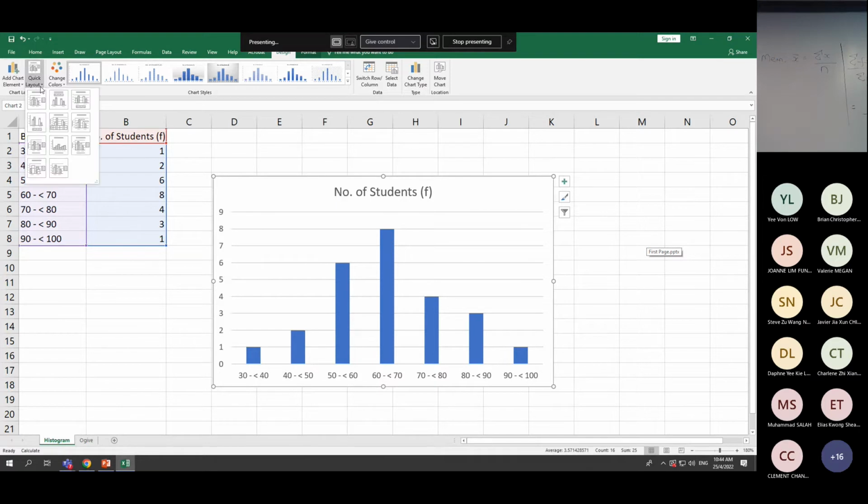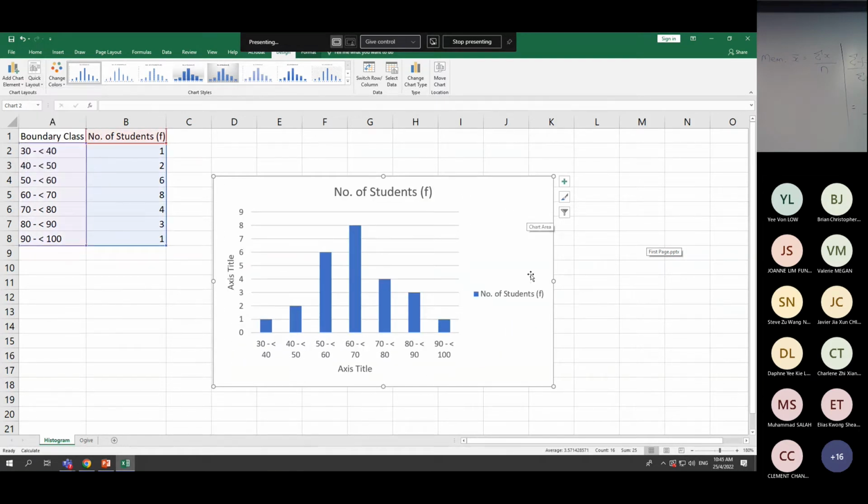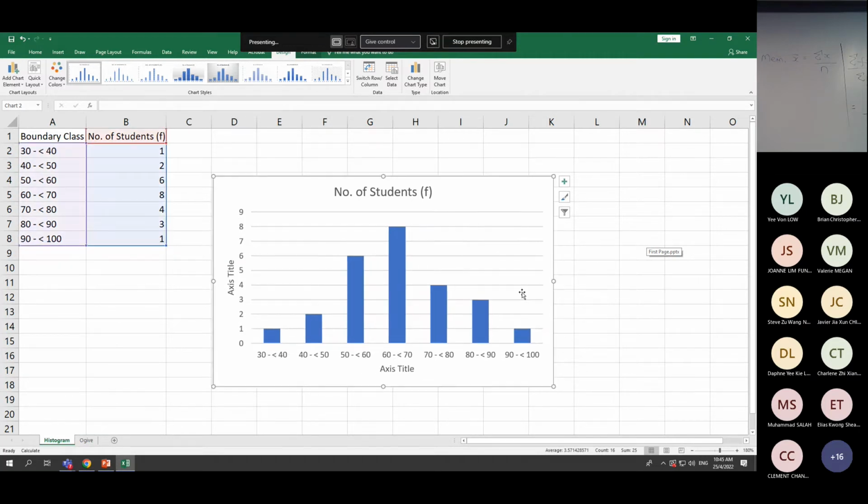I'll go to quick layout and I'll choose layout number 9, in order to improve the presentation of this histogram. Because we only have one series of information, we do not need the legend. Can delete the legend in order to save the space.